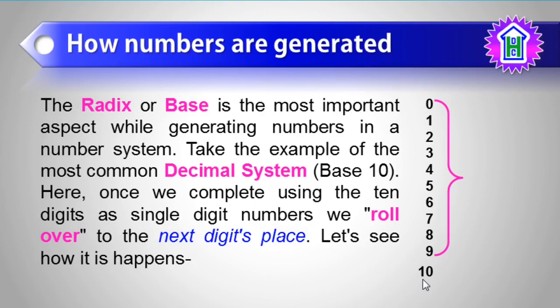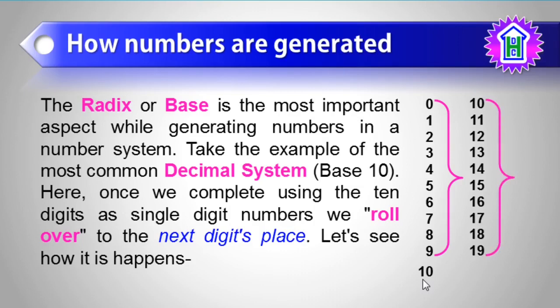Let us again see, if we count from 10, what is changing? The tens place is stagnant, fixed. What is changing is the unit place. 11, 12, 13, 14, 15, 16, 17, 18, 19.